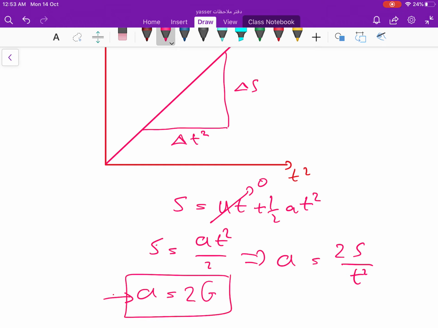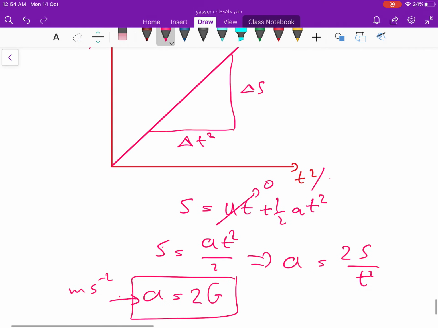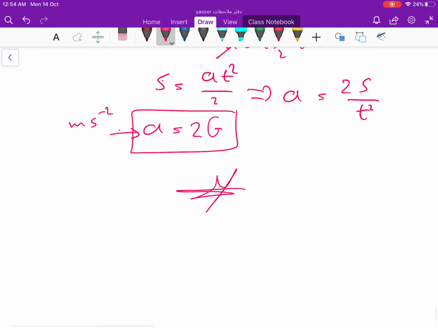The unit of the acceleration is meters per second squared, since the displacement is in meters and the time is in seconds, so we have t squared. Okay guys, so we finish with a hint. It will help you in solving past papers.